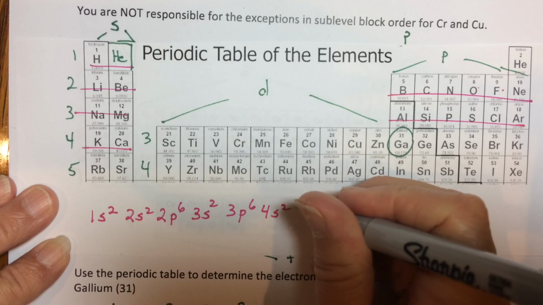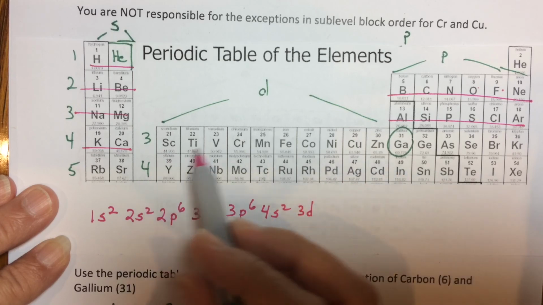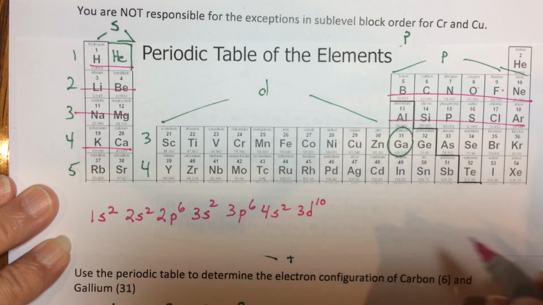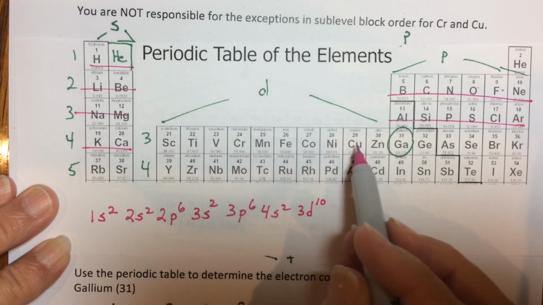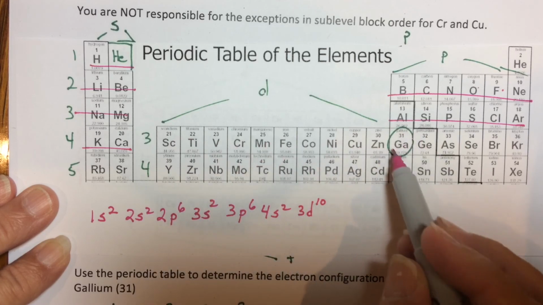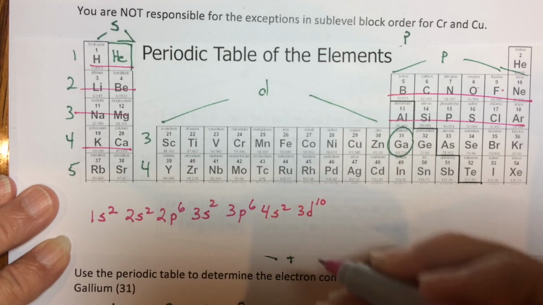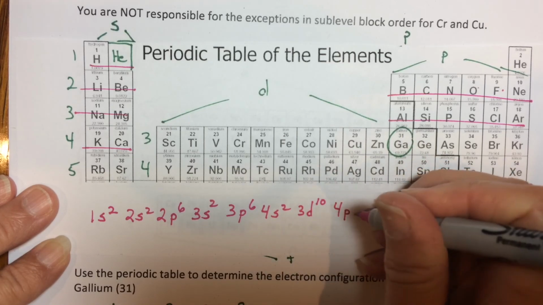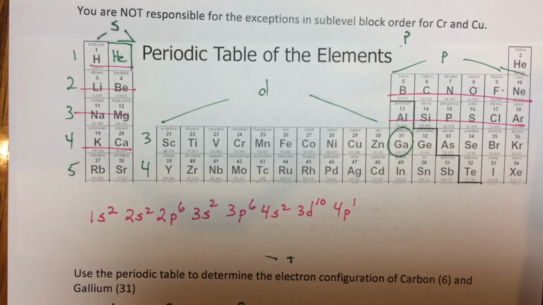Then we have a 3d, and there are 10 boxes here. 1, 2, 3, 4, 5, 6, there should be 10. And now we're to gallium, but we've got one more to put. We'll have a 4p1, and that'll be gallium.